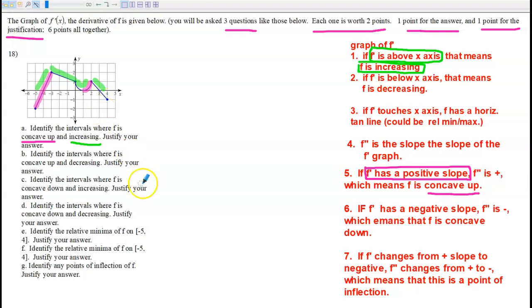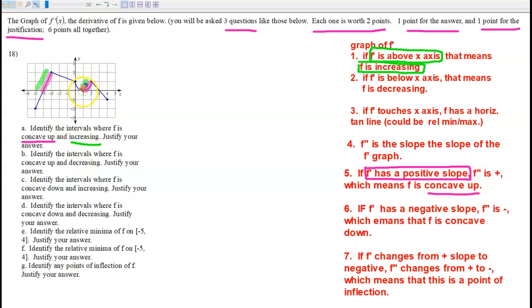But remember, I'm looking for the places where it's concave up and increasing. So I want both happening simultaneously, which means I don't care about this area right here, or this area, or this area. I want the place where it's green and purple, and I also don't care about this down here.